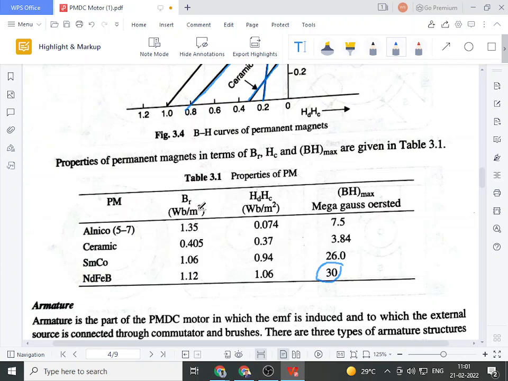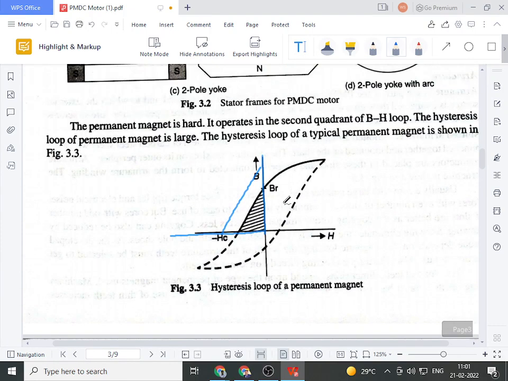This is Br in Weber per meter square. Then this is the product of Hd and Bd. What is Bd? This is the value of magnetic field intensity at the point of intersection.